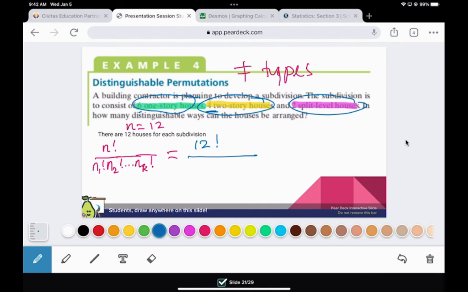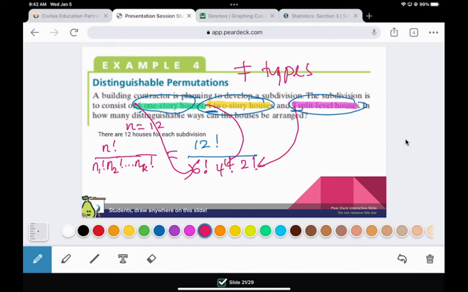The second one, you have 4 of those. And the last one, you have 2 of those. So those will be the numbers that you're going to use: 6 factorial, 4 factorial, and 2 factorial. That's how I got those numbers on the denominator. The 12, they said for each subdivision, there are 12 houses total.